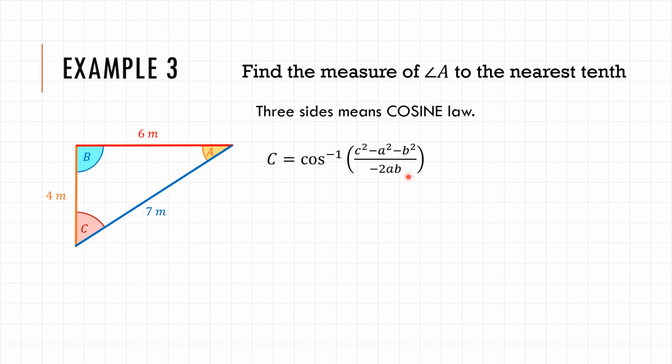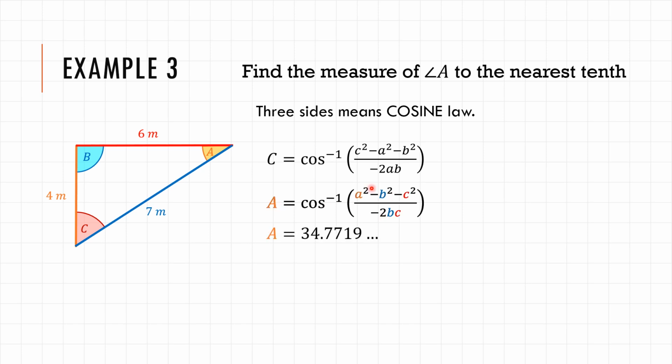This is the version of cosine law that has the angle already isolated. So if I wanted to change this around to match this triangle, the angle that should be isolated is actually A. And so that has to match this value right here. So this one has to be A squared minus B squared minus C squared all over negative 2BC.